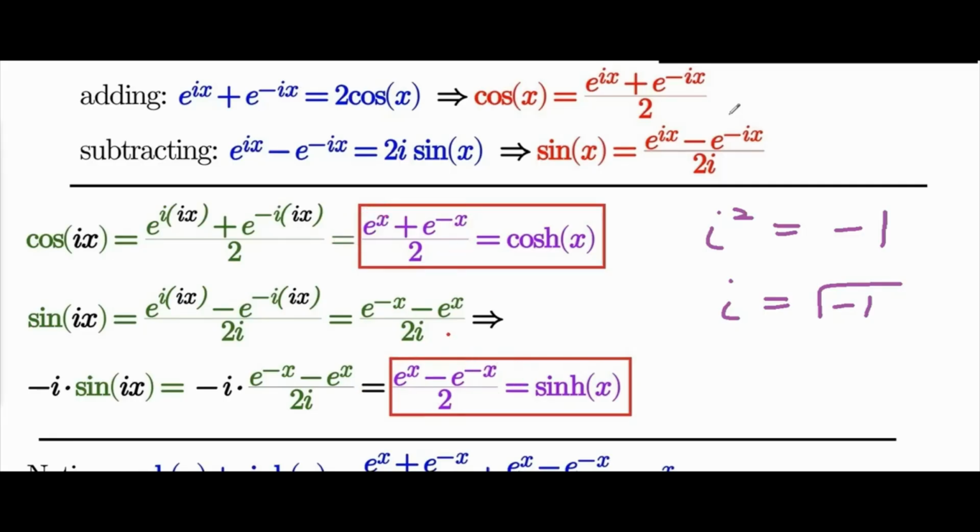And so to make that happen, we want to get this i out of here. So we just take this, multiply both sides by -i, and it gets rid of the i.